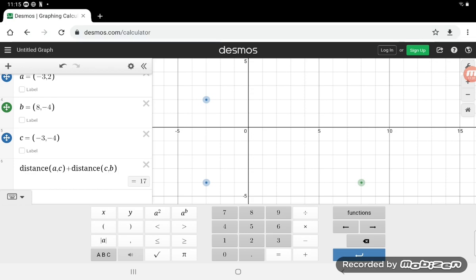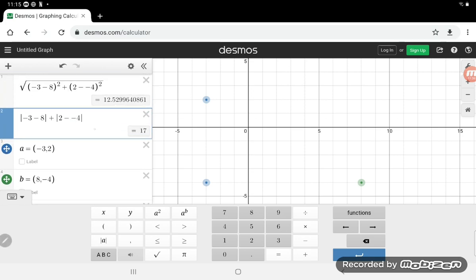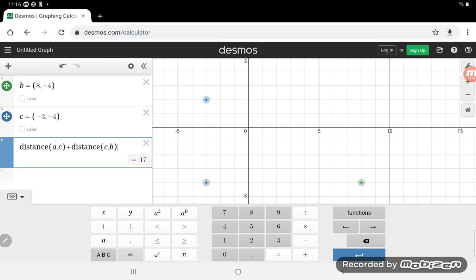So you could try using a bunch of different points and calculating using the absolute value, calculate the Euclidean distance, and then also calculate the taxicab distance and the Euclidean distances, say using the distance function in Desmos, and make sure you can do it. Just do it over and over, and then you should do fine on the quizzes, and you should gain confidence on these two types of distances.